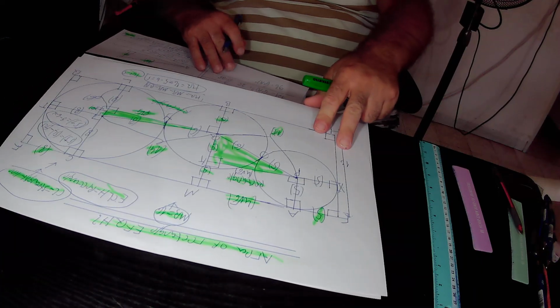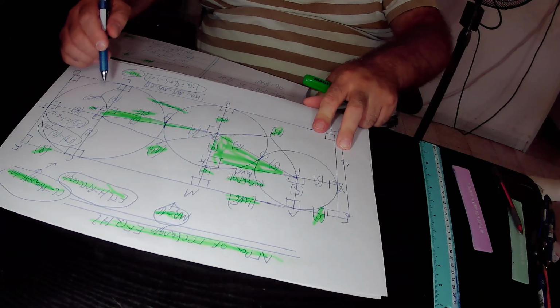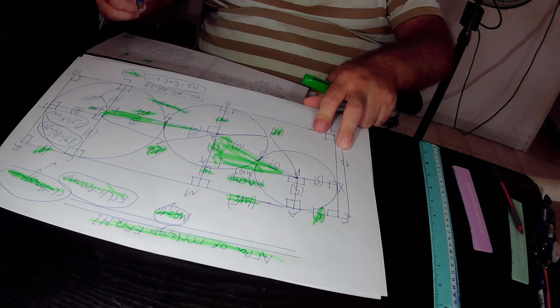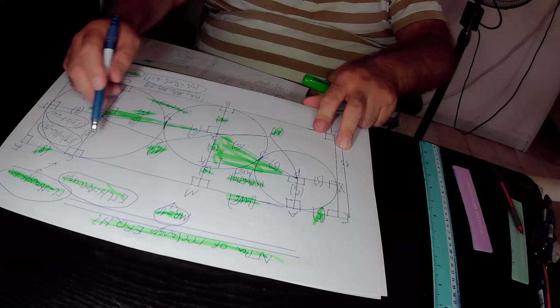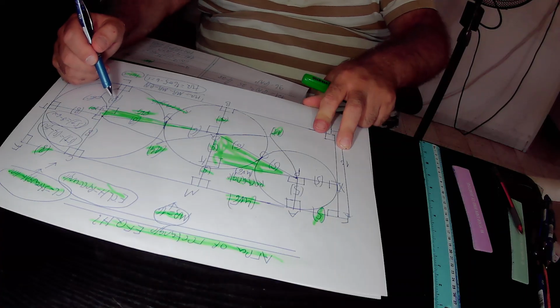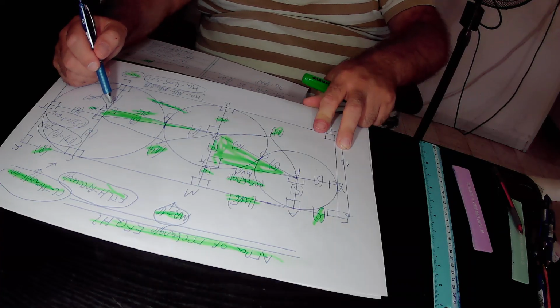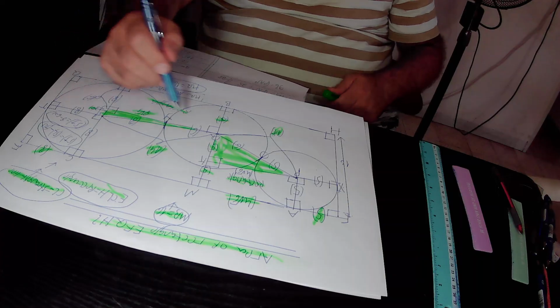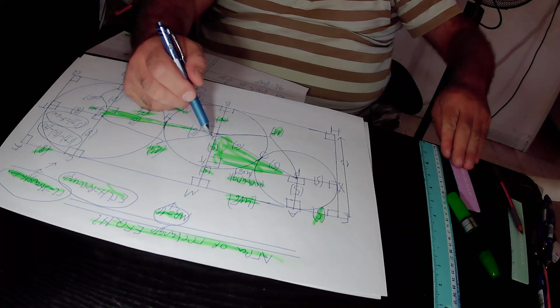So in quadrilateral MCJQ, we have 1, 2, 3 right angles. Again, we have 1, 2, 3 right angles. And therefore this fourth missing angle must be equal to 90 degrees in its size.